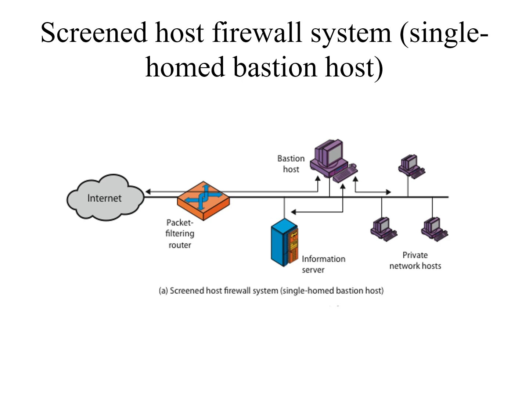Screened host firewall system, single homed bastion host. How does a firewall work with two systems? A firewall has two main parts. The first one is the packet filtering router. This is like a security guard that checks incoming and outgoing traffic based on set rules. The second is the bastion host.